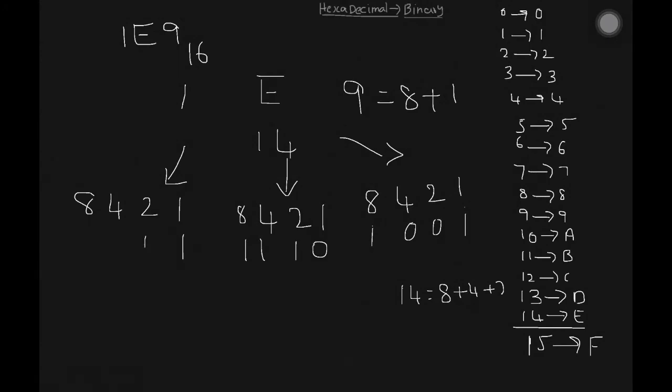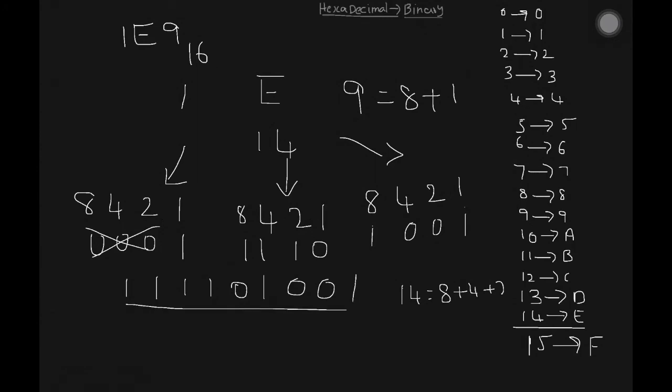Here 1 we have, this is 0, 0, 0. We now need these three values. As I said before, in front of these numbers we don't have 1 values, so that is the reason why I am skipping here. Okay, now I got the value as binary 1, 1, 1, 1, 0, 1, 0, 0, 1, which is a binary number.